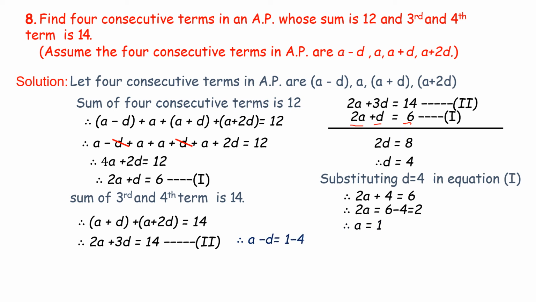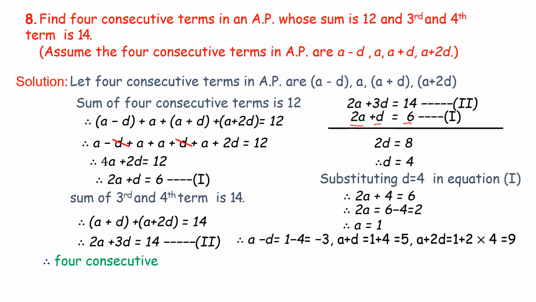Therefore, a minus d is equal to 1 minus 4, which is minus 3. a plus d, that is 1 plus 4, is equal to 5. a plus 2d, that is 1 plus 2 into 4, is equal to 9. Therefore, the four consecutive terms in AP are minus 3, 1, 5 and 9.